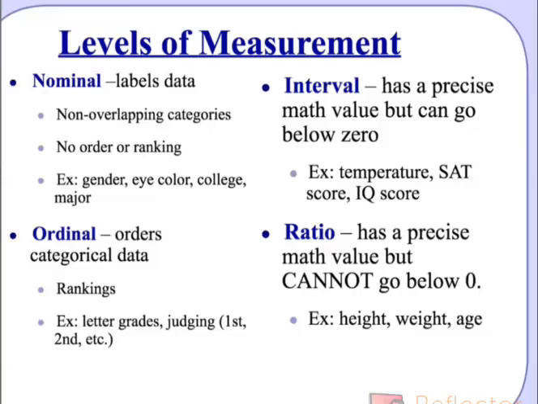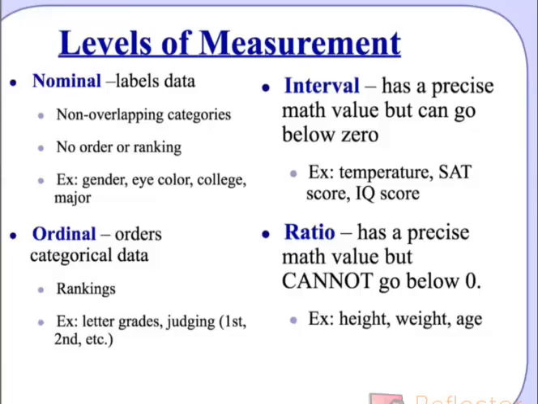Ratio, we can't go below 0. The 0 means something to us, such as in height, weight, age. Remember, we cannot have a negative height or a negative weight or a negative age. So they're ratios. That 0 means something.